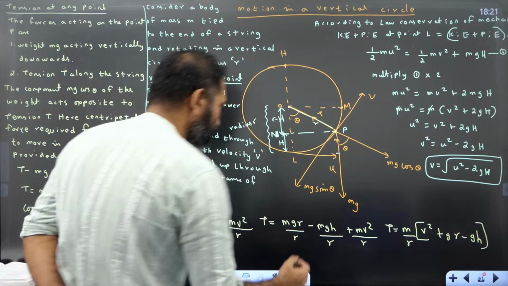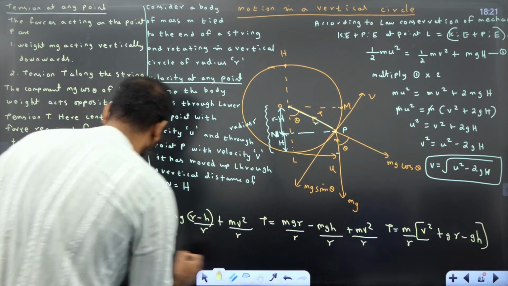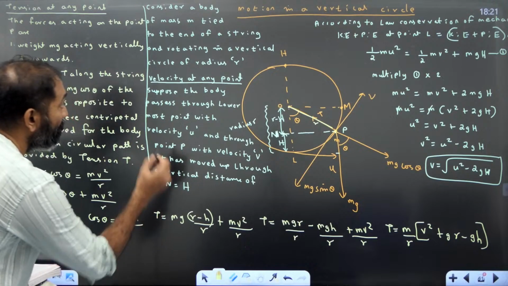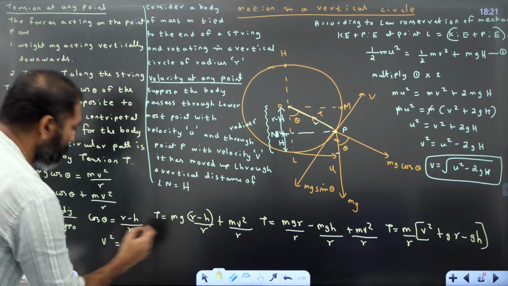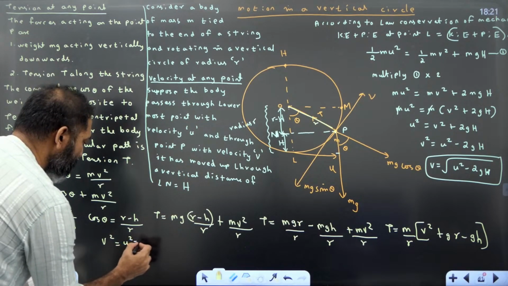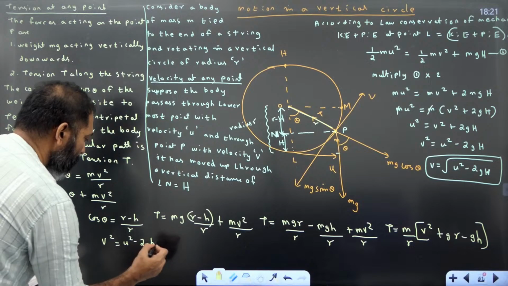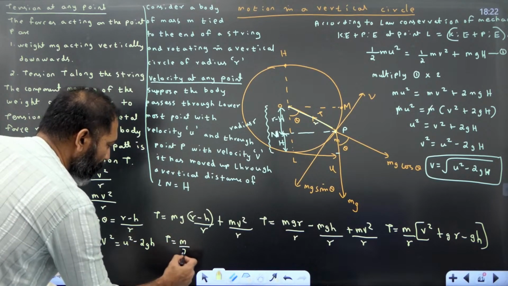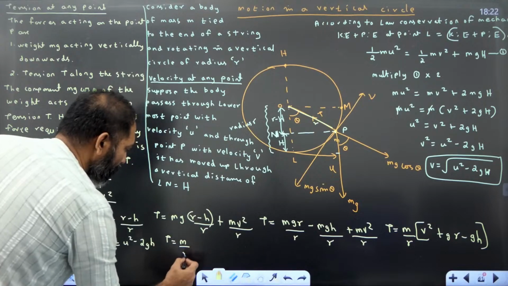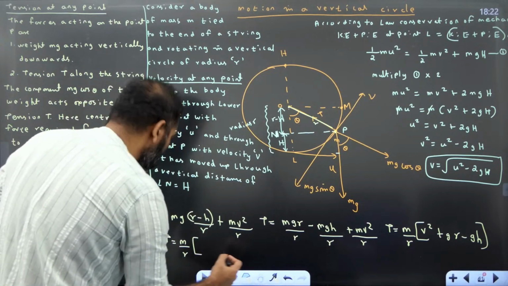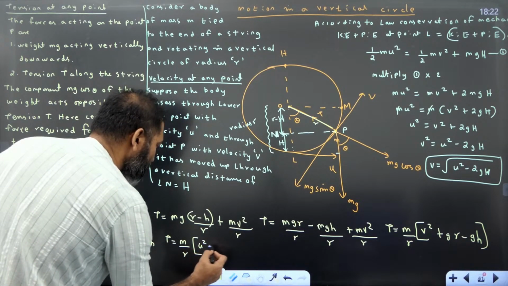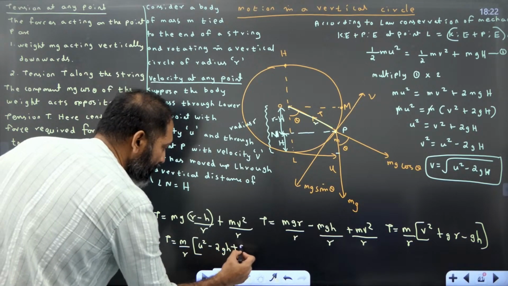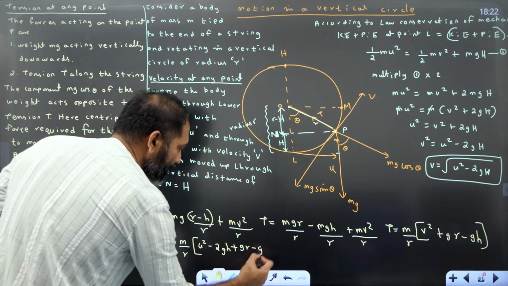Now, what is v square? We already know v square equal to u square minus 2gh. So T is equal to m by r into, instead of v square I am writing u square minus 2gh, plus gr minus gh.